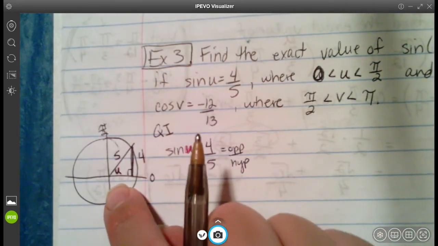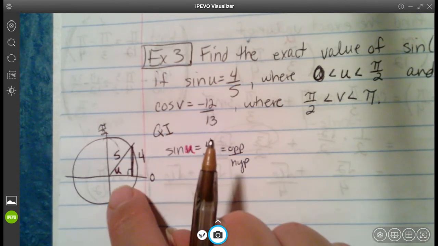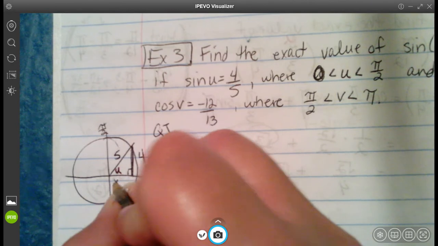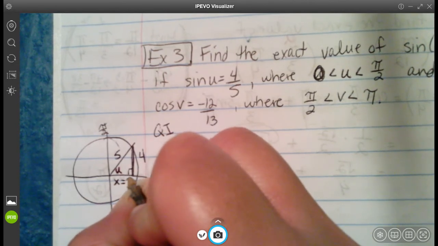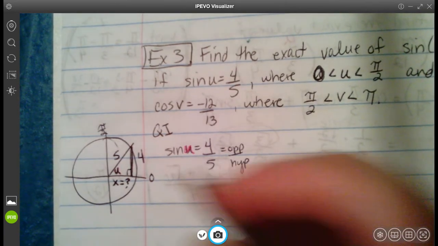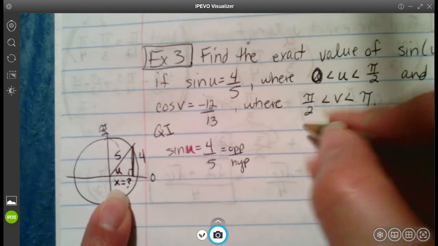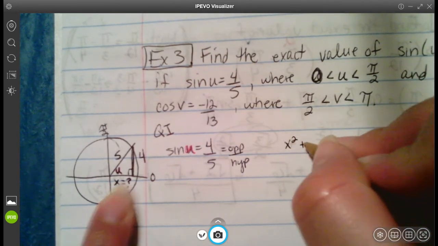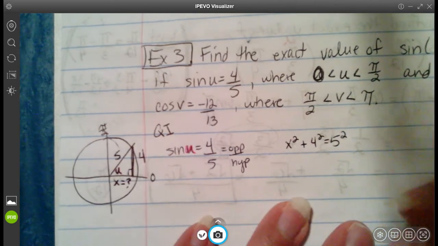What I need to find, because remember that the formula uses sine and cosine, is x. So x is equal to what? How would you find that? Well, you just use Pythagorean theorem, yeah? We're going to use a squared plus b squared equals c squared. In this case, we're looking at x squared plus 4 squared equals 5 squared.